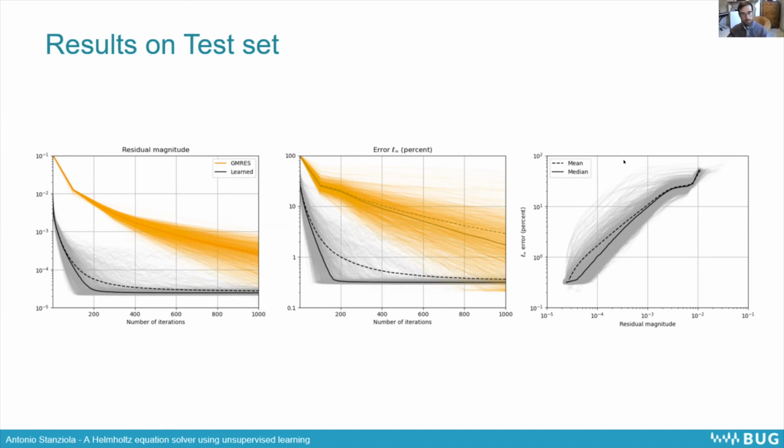Another thing that we can see here is that I'm correlating the magnitude of the residual, which is the loss that we're actually minimizing, with the L infinity error, and we see that of course they are pretty much correlated.